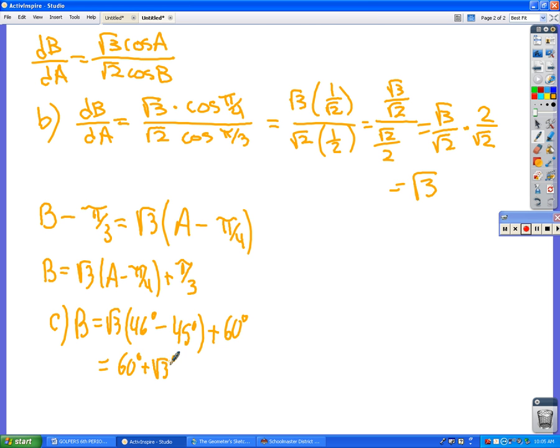Or you could do that as a decimal. Okay, so 60 plus root 3 degrees. So we're done with that? Oh, yeah, this was D. This is C.